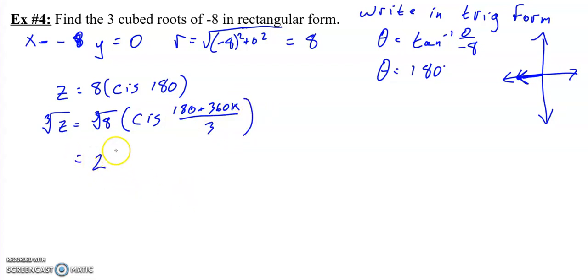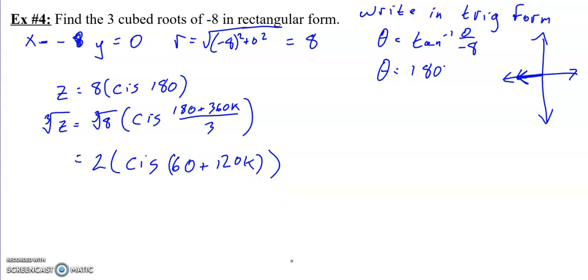So we're going to have 2 times cis of, 180 divided by 3 is 60, plus 120k. All right, so that's how we're going to find it.